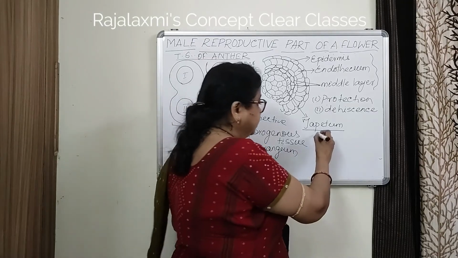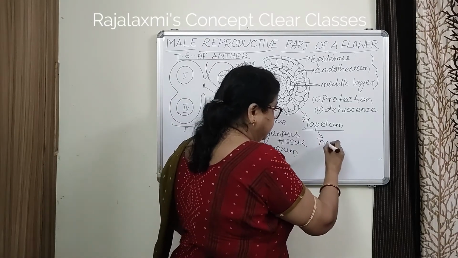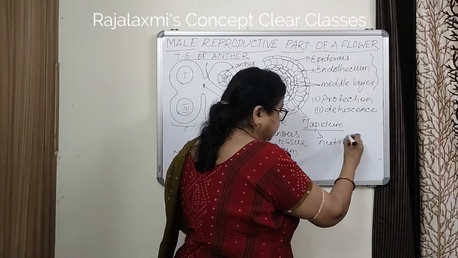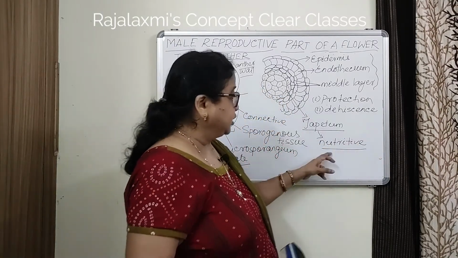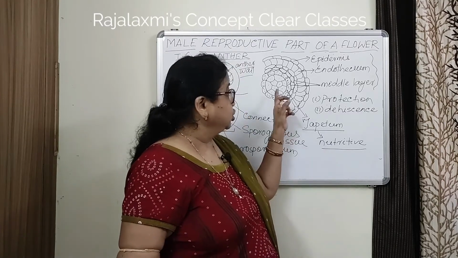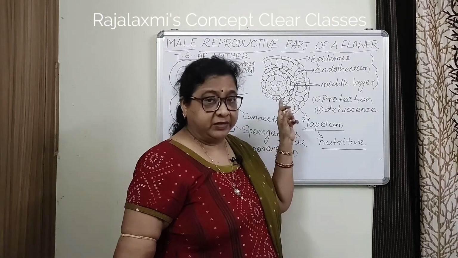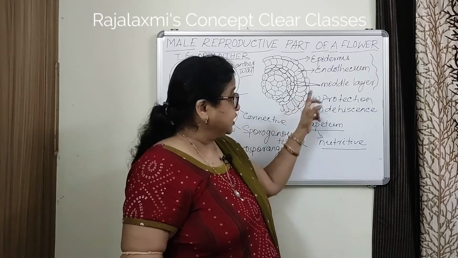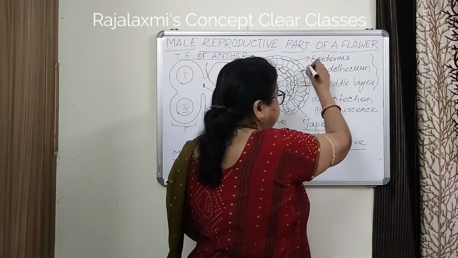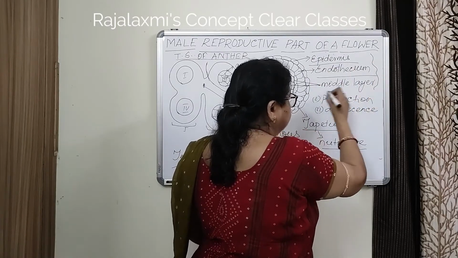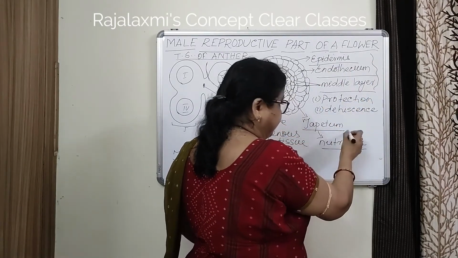So, tapetum is the nutritive layer. Nutritive in function, it provides nutrition to the developing microspores. So, these are the 4 wall layers. One is epidermis, then endothecium, then middle layer, then tapetum.